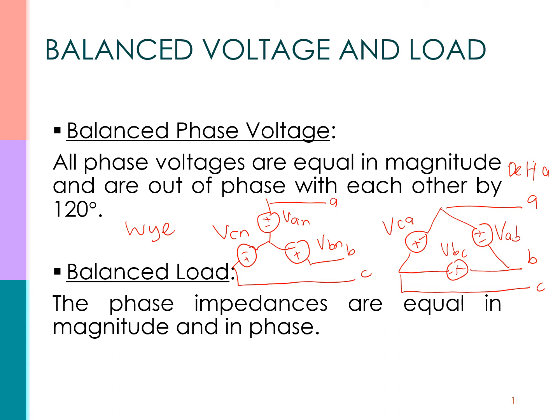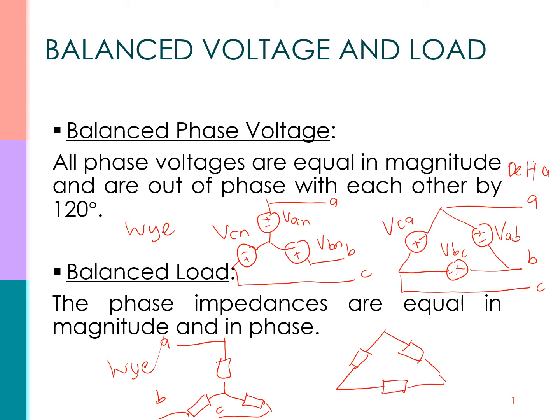For Y connected, we have three impedances connecting to line A, line B, and line C. This is for the Y connected load. Same as the delta connected load, we also have three balanced loads, and they connect to line A, line B, and line C.